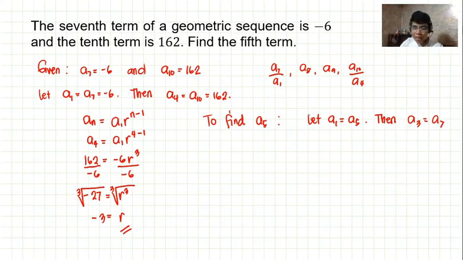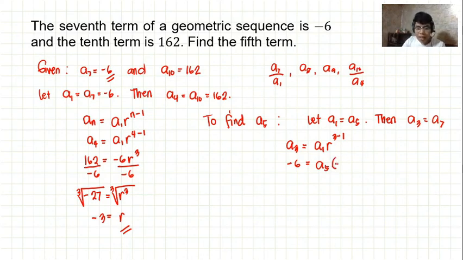Using a sub 3, a sub 3 is equal to a sub 1 r raised to 3 minus 1, right? A sub 3 is a sub 7, and what is a sub 7? We have negative 6. So negative 6 is equal to a sub 1, which is a sub 5, and we don't have the value of a sub 5 yet.